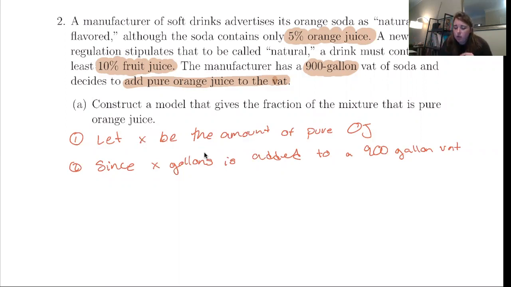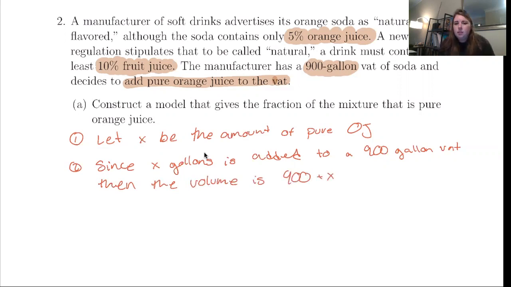If I pour in 10, but I don't know, yeah, 900 plus X, right? I'm adding them together. It's kind of what I was saying earlier about adding it in.